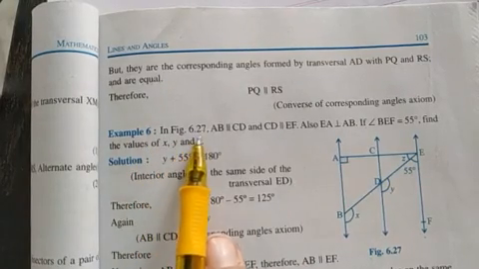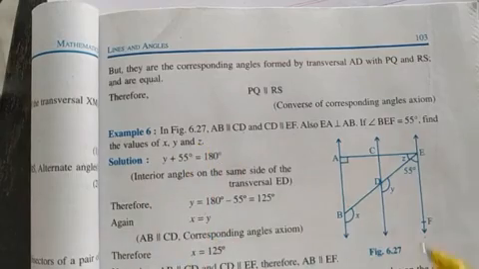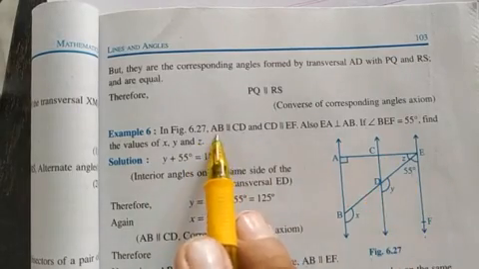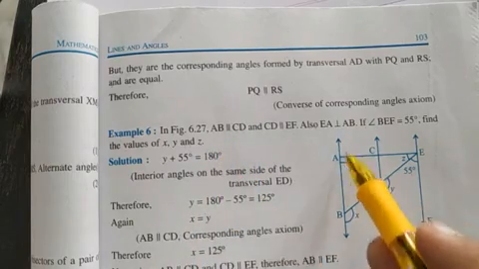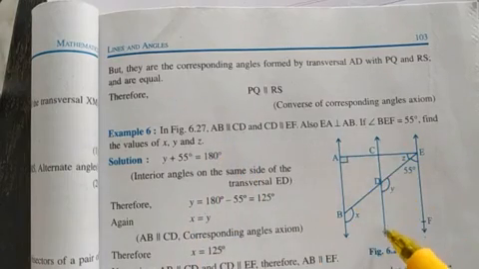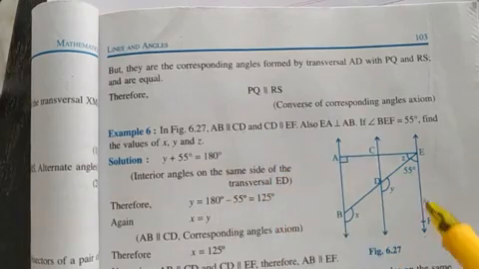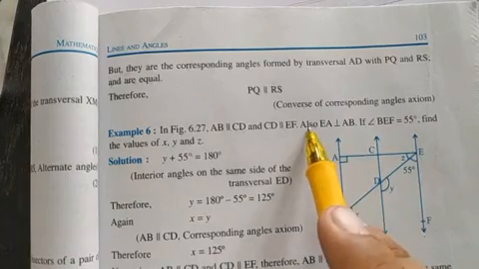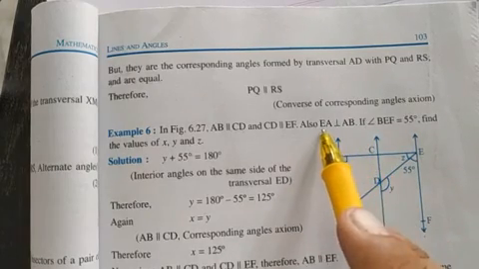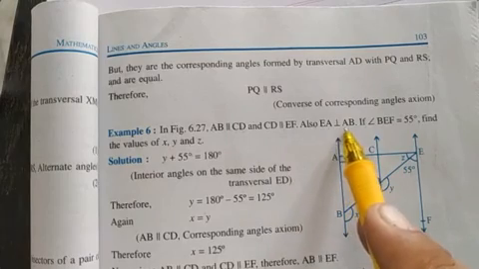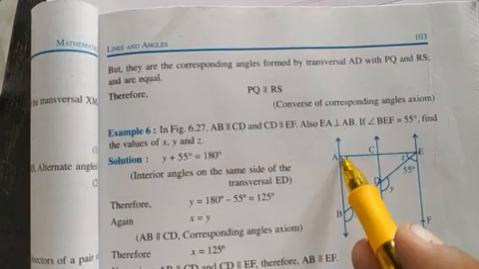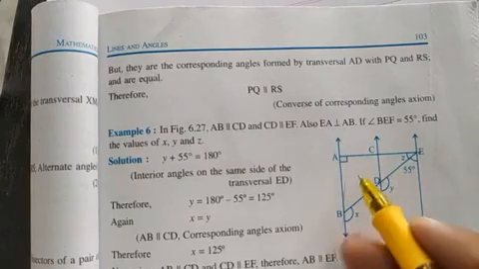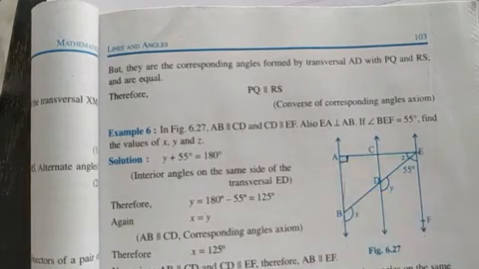In figure 6.27, this is the figure, AB is parallel to CD, and CD is parallel to EF. Also, EA is perpendicular to AB. This means this angle is 90 degrees.